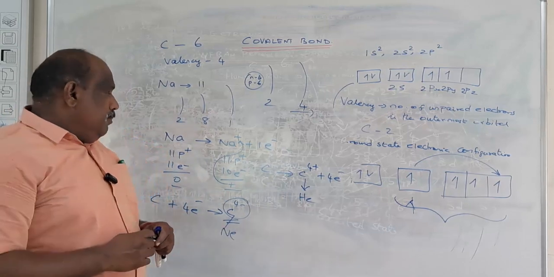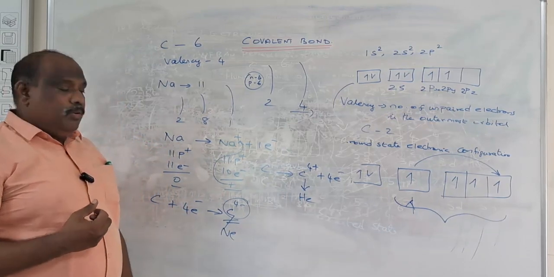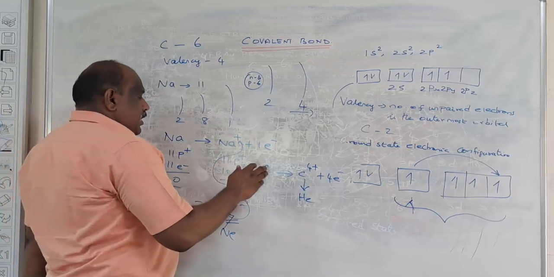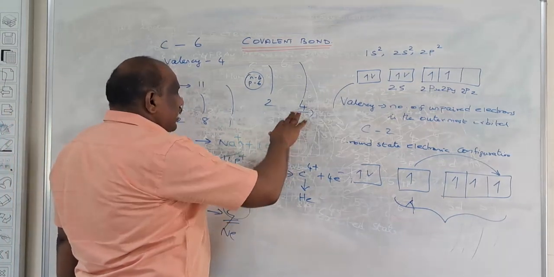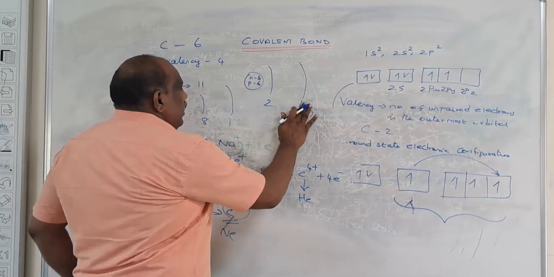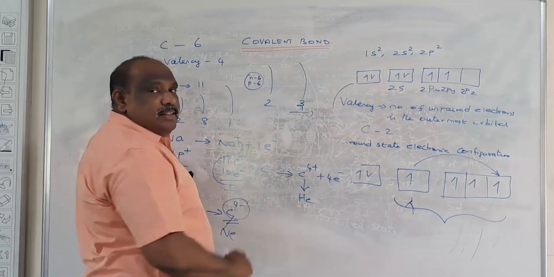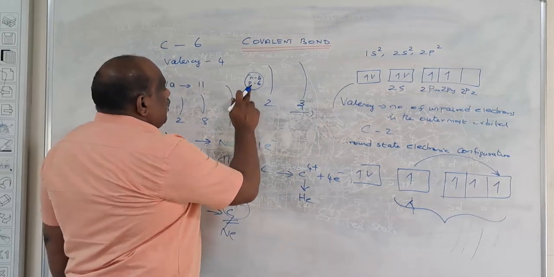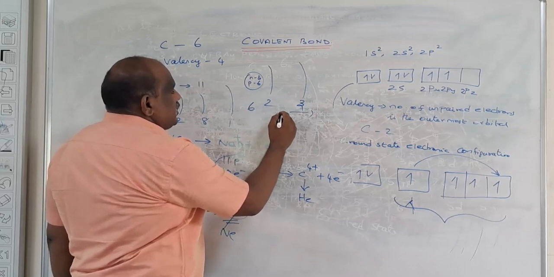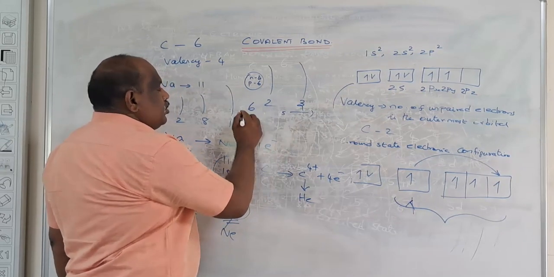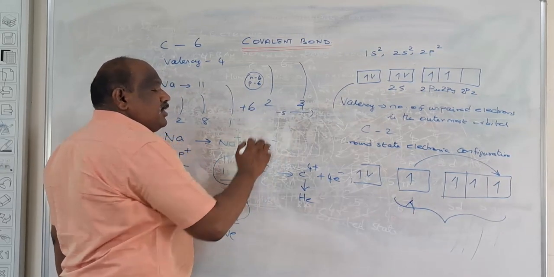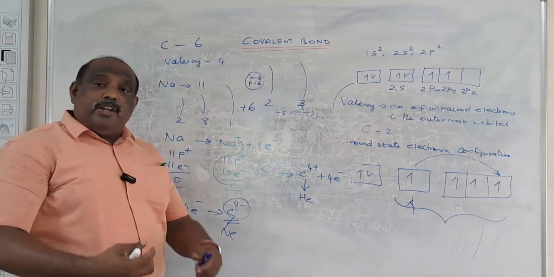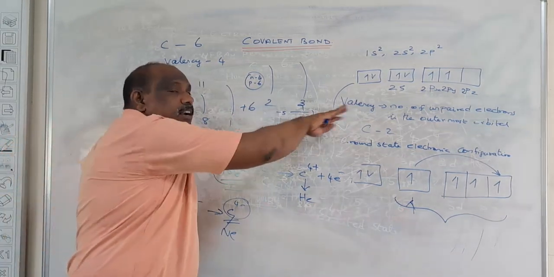Why is this not possible? Let us say I am going to remove an electron. Instead of 4, it will become 3 outer electrons. So now the number of protons is 6 and the number of electrons is only 5. Positive charge is 6, negative charge is only 5. Now I have to give some other energy to remove this electron.